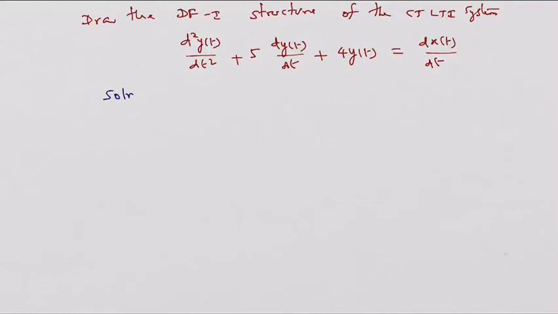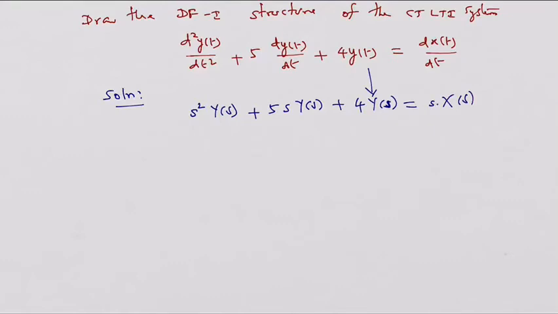The solution part. I'll take the given equation and apply Laplace transform on both the sides. When I apply Laplace transform, this will become s squared Y of s plus 5 times s into Y of s, assuming 0 initial conditions, plus 4 into Y of s, since y of t undergoes Laplace transform to result in Y of s. It is equal to s into X of s, assuming 0 initial conditions.